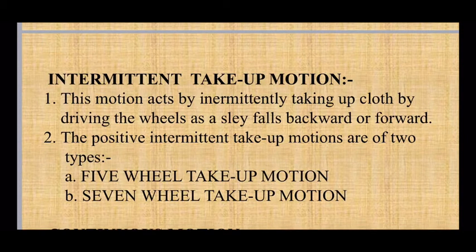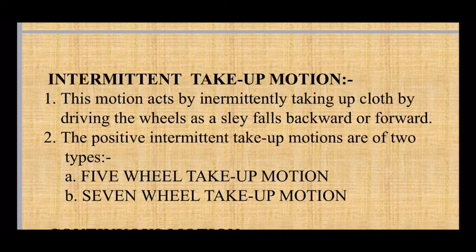And these are positive type, because here we are using a chain of gears, a number of gears are used, so that's why we can control positively the number of picks per unit space. So it comes under the positive take-up motion. So the positive intermittent take-up motions are of two types: 5-wheel take-up motion and 7-wheel take-up motion.